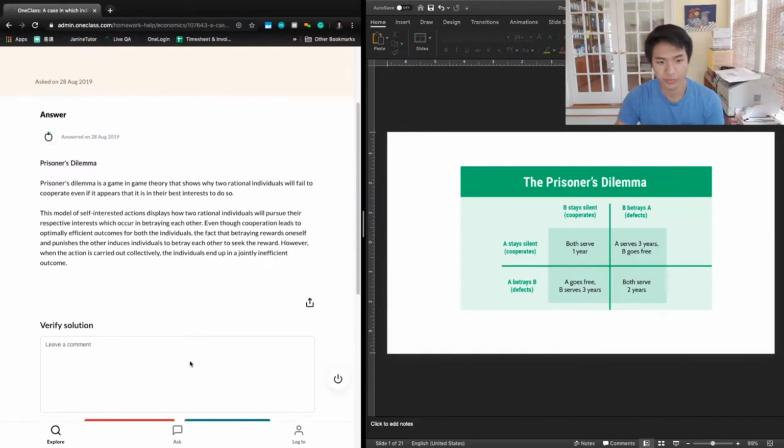I want to clarify that it's not simply that betraying rewards oneself and punishes the other. That's true because they have both adopted strategies to defect, but the reason for this is rational.